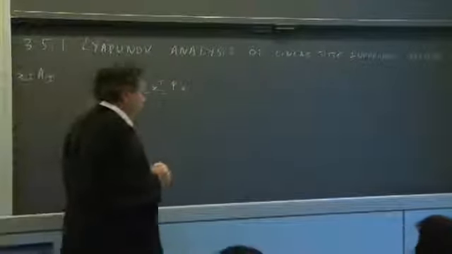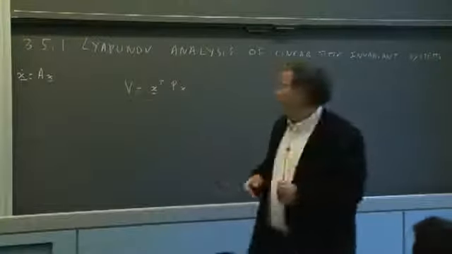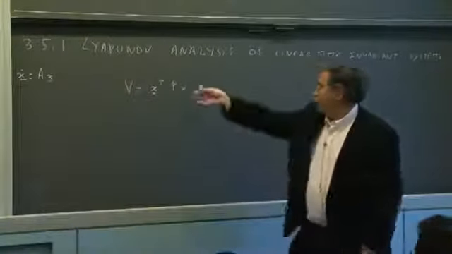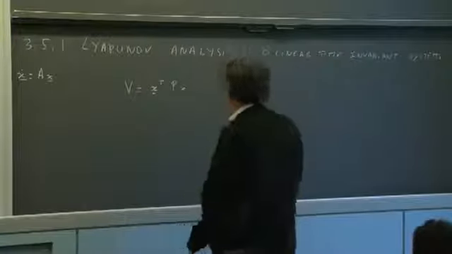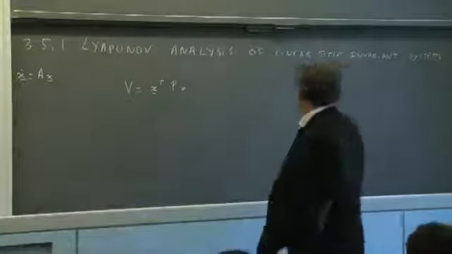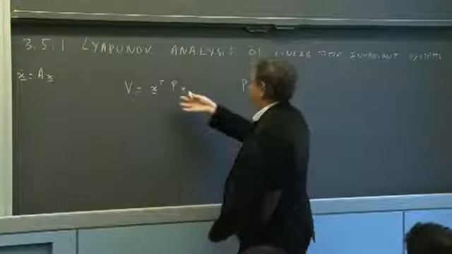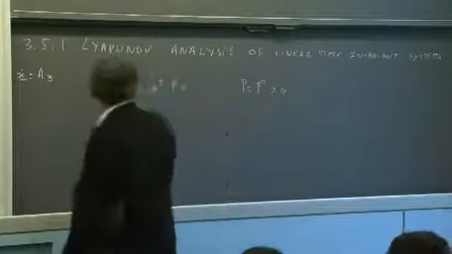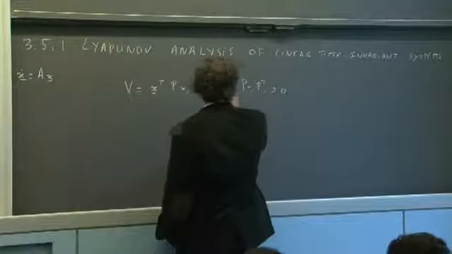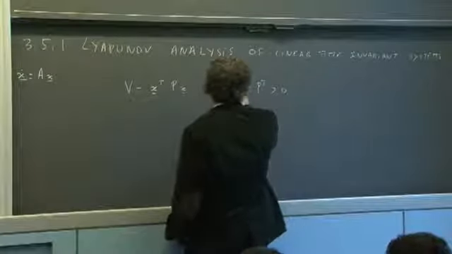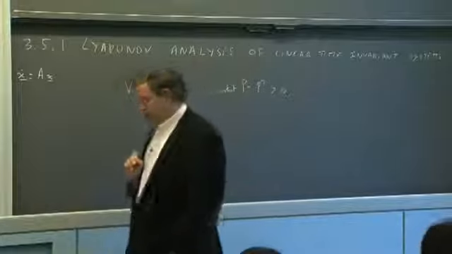Of course, we'll be able to do that if this system is stable. And the Lyapunov function, we're going to look for in the form of a quadratic form, x transpose Px, where P is a constant, symmetric, positive definite matrix.